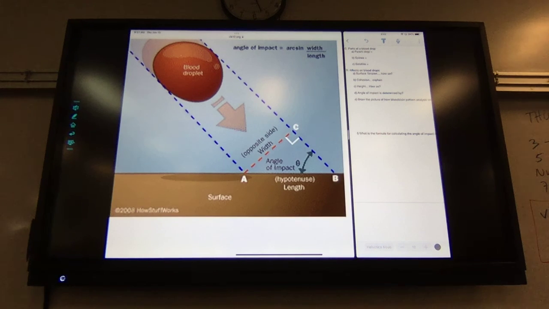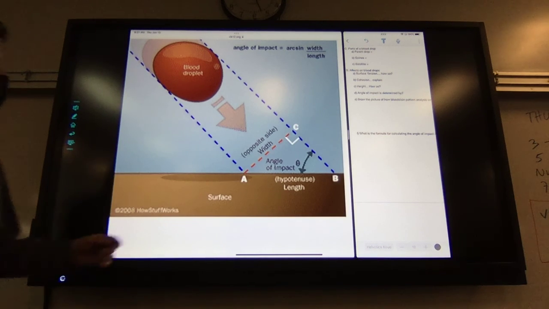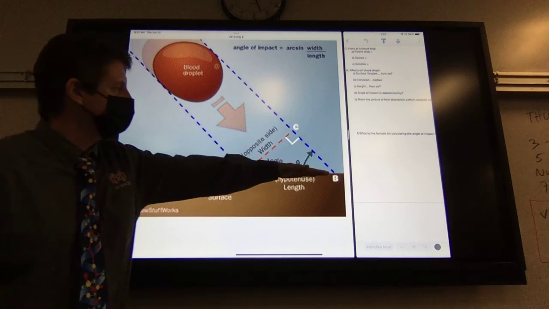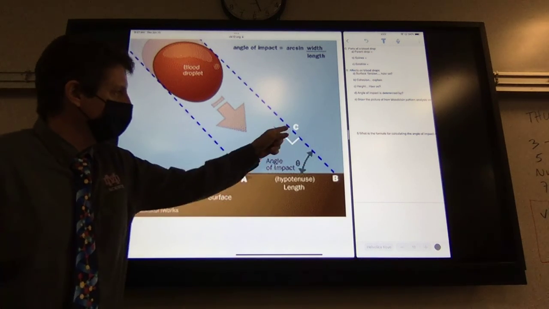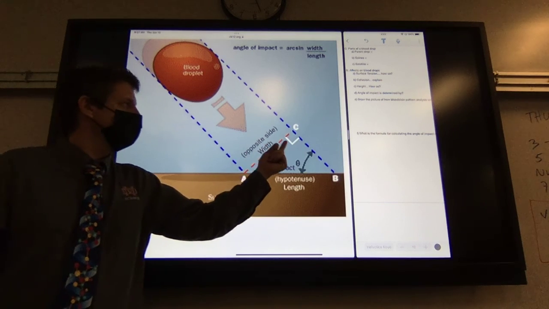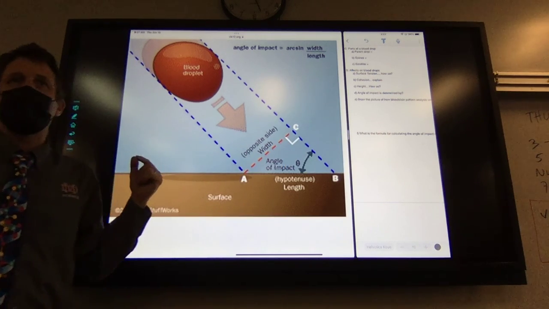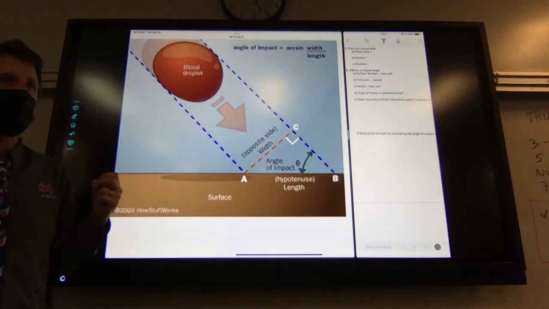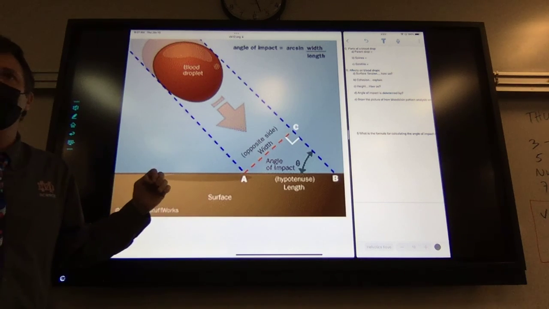Draw the picture. So what you see right here, draw a surface, and then here's your right triangle. See that box right there? That signifies that that's a 90-degree angle, and so that makes this a right triangle.